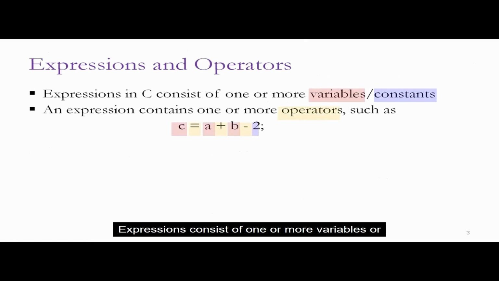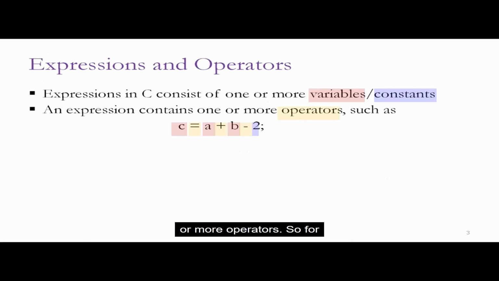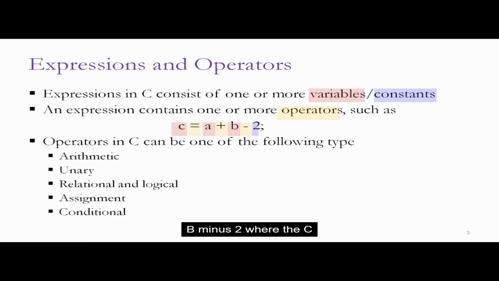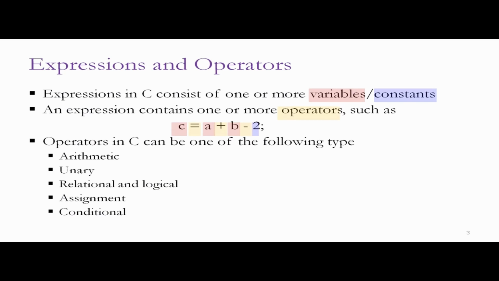Expressions consist of one or more variables or constants, and they can contain one or more operators. So for example, you can have C equals A plus B minus 2, where C, A, and B are variables, 2 is a constant, and equal, plus, and minus are operators.